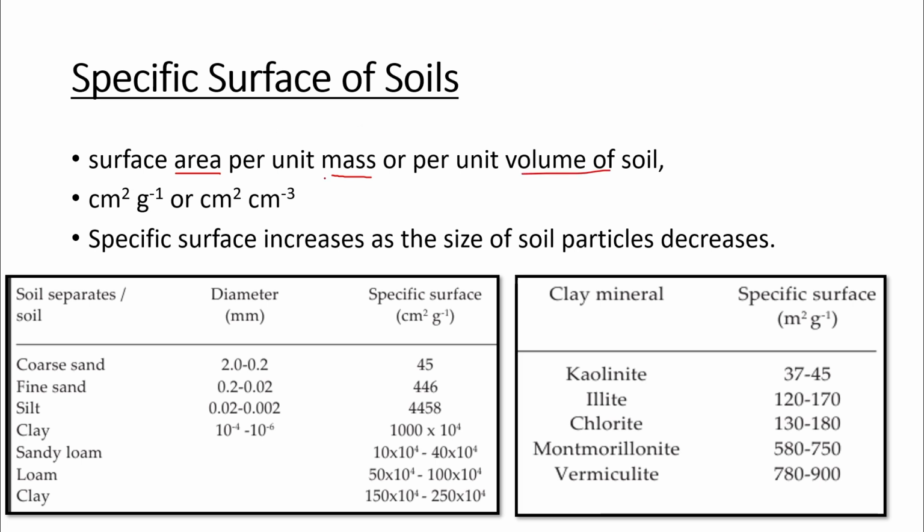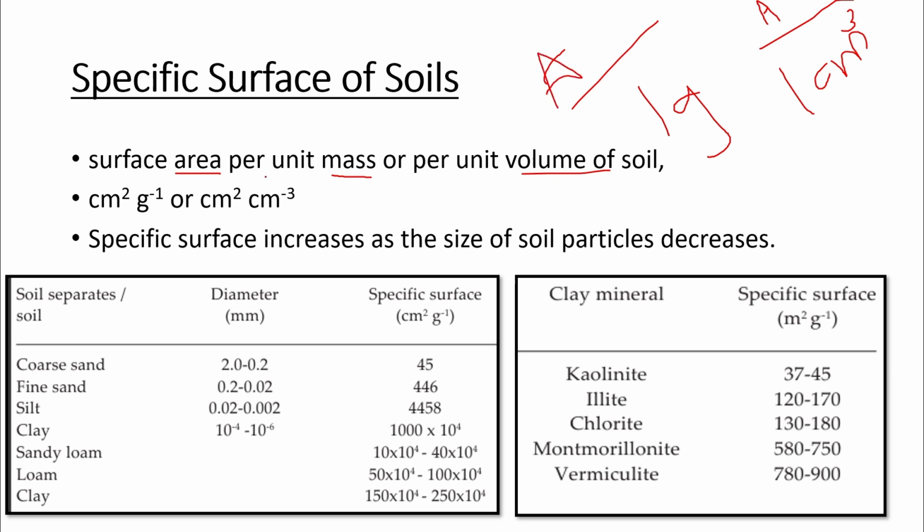So area divided by mass: for 1 gram of the soil, how much area is present? Or in 1 cubic centimeter of the soil, how much area is present? That is the specific surface of the soil.